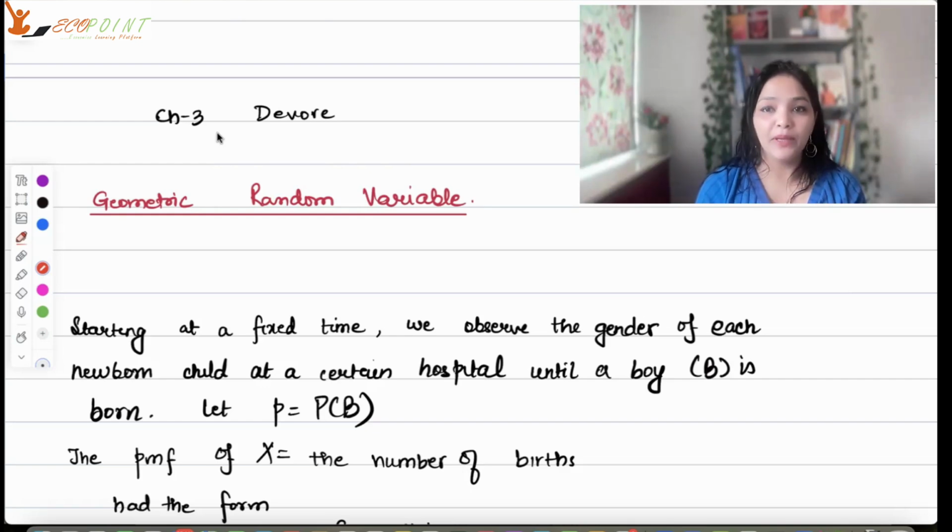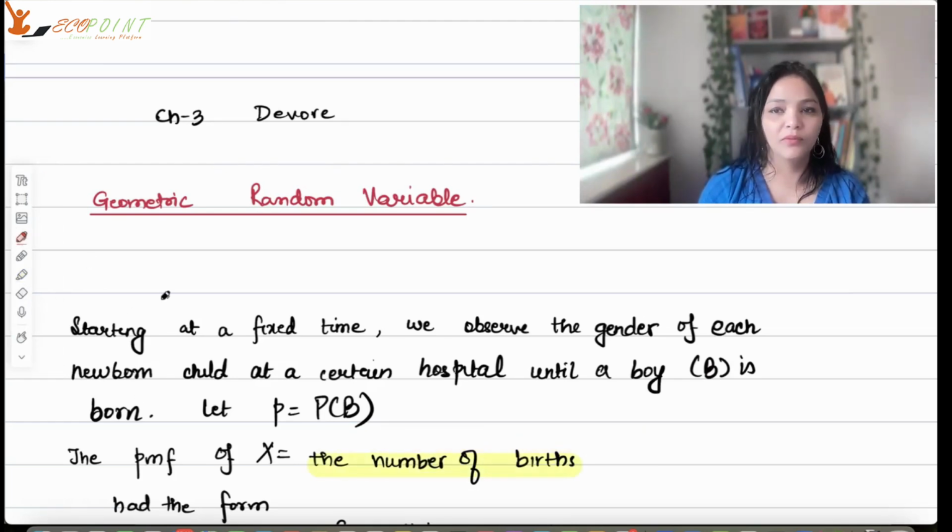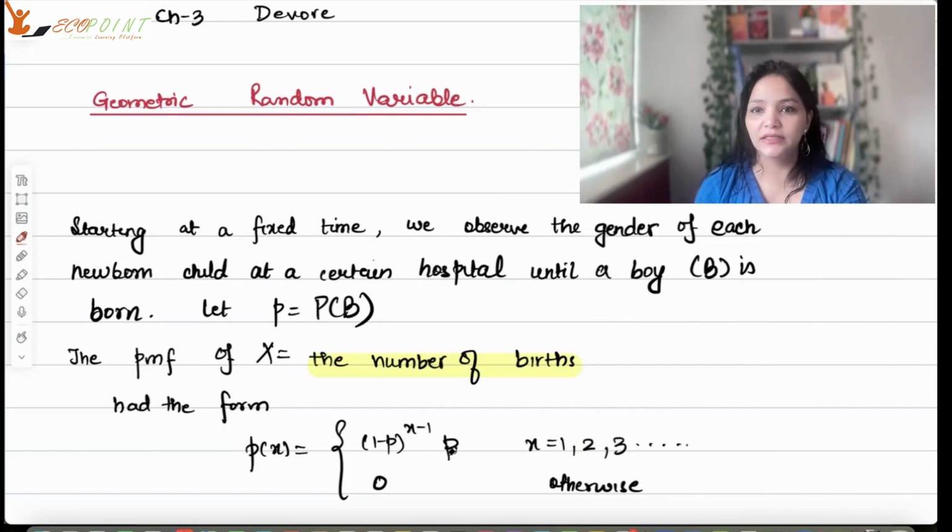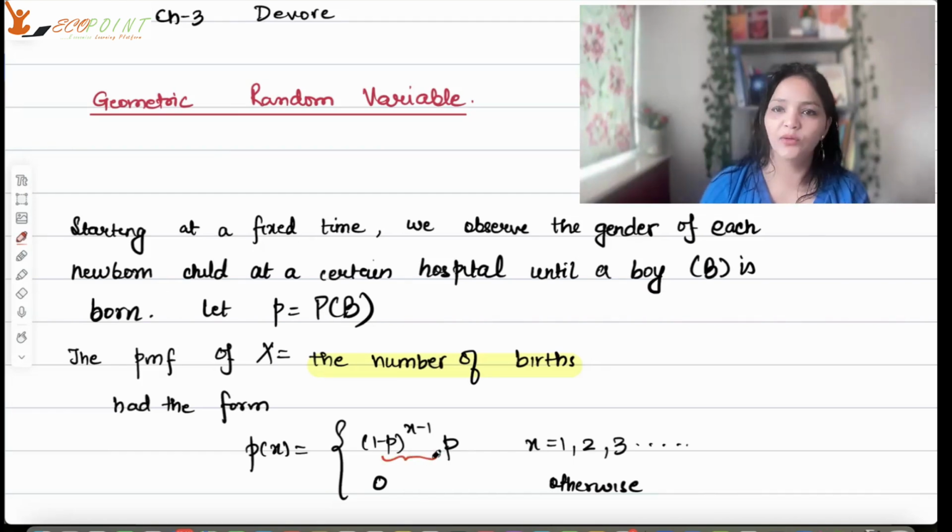The PMF of the random variable x, which we are taking as the number of births, had the form (1 minus p) to the power x minus 1, into p. Like girl, girl, girl, girl, girl, then boy. And x can take values 1, 2, 3. So p(x) is equal to (1 minus p) to the power x minus 1, into p, and 0 otherwise.